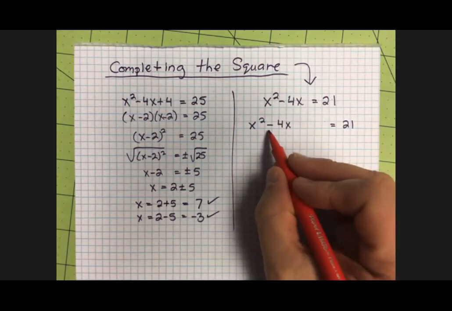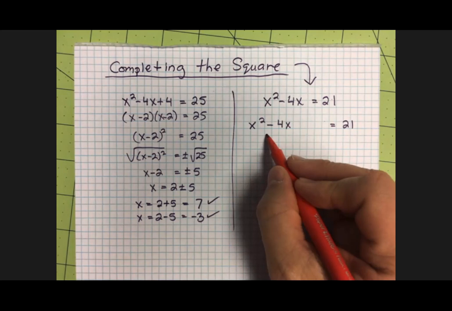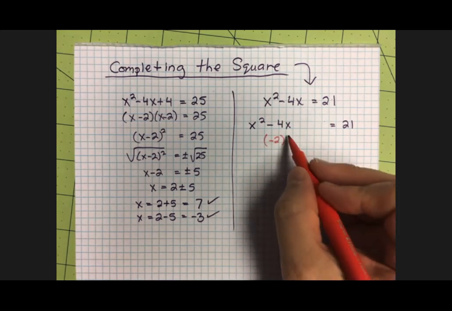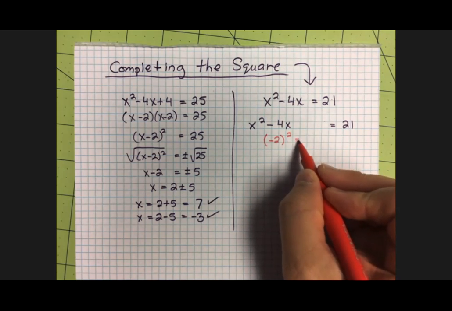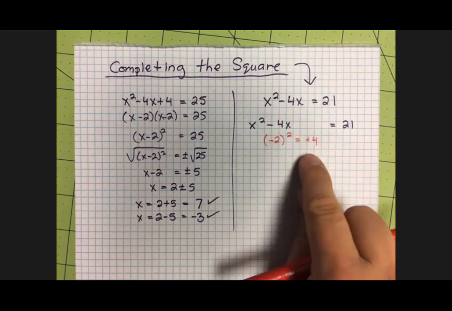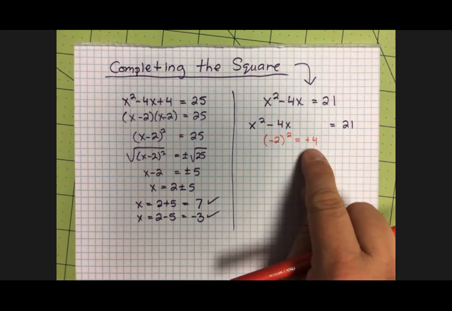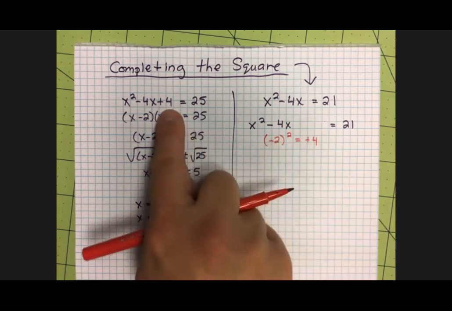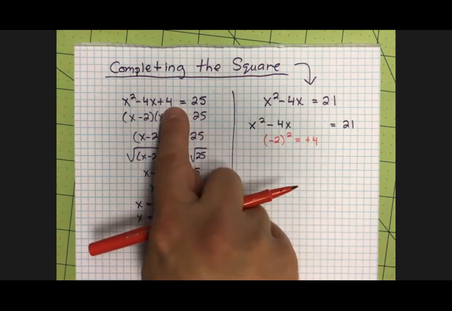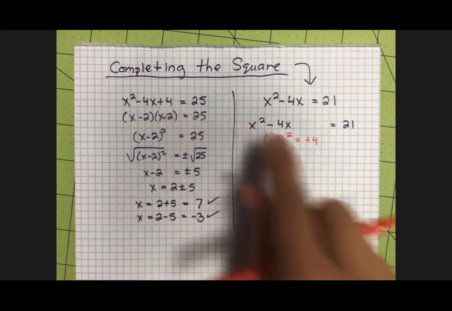Well, you take half of the number in front of the x. That would be minus 2. And you square it, and you get positive 4. Now, surprise, positive 4 was the thing I had to add to make that a perfect square. So I'm just showing you if that positive 4 was missing, how you could make it.